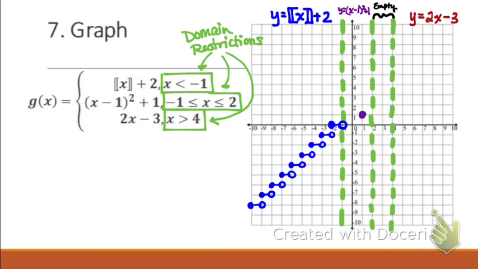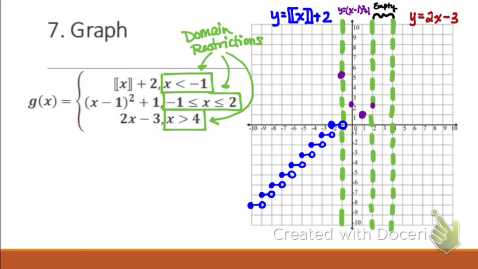So the vertex is going to be right here at 1, 1, because it's gone right 1 and up 1. And then I know that it would look like this from here. I've got some dots on there that aren't going to stay, but I'm just sketching in my guidelines for this parabola. Like I know that it can't stay over here.